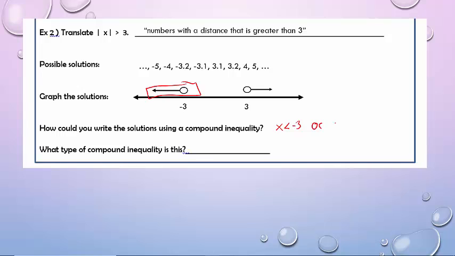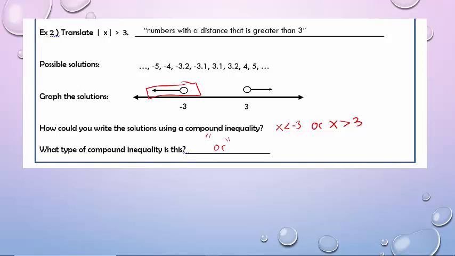Or any number greater than positive 3 will also have a distance greater than 3. So when we look at this, clearly we have to use the word or because they're disjoint, they're not connected. So these kind of answers will be or answers.